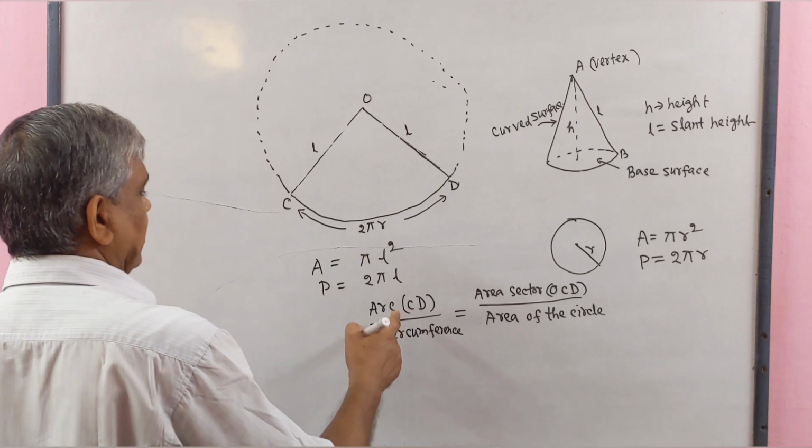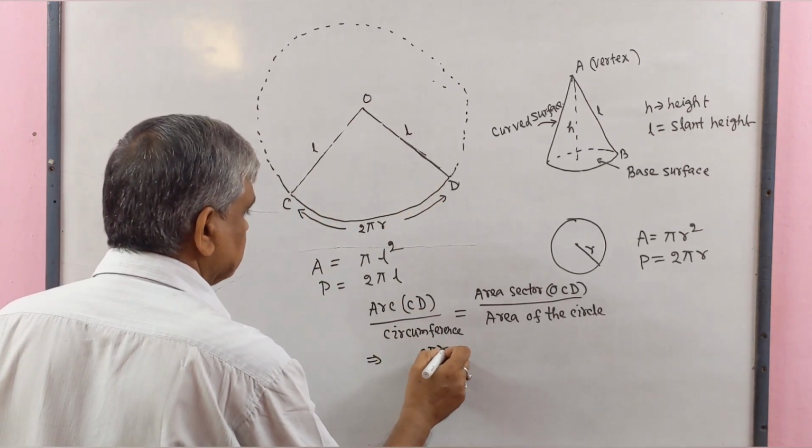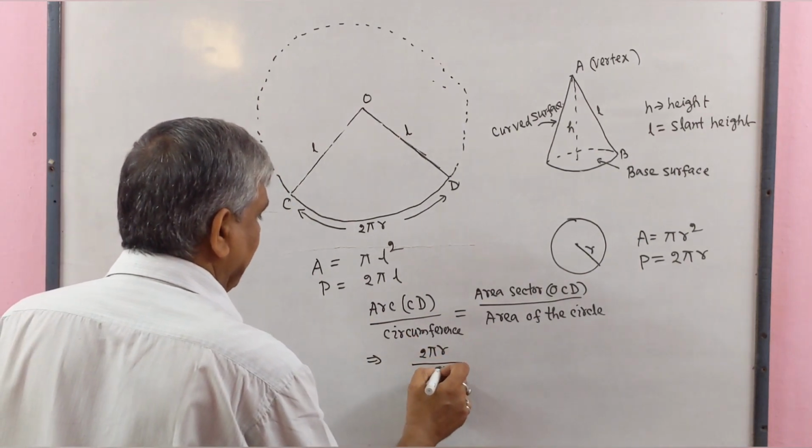This implies that this arc CD is 2 pi r and circumference is 2 pi L.